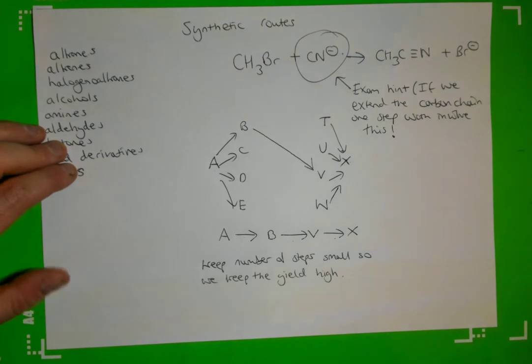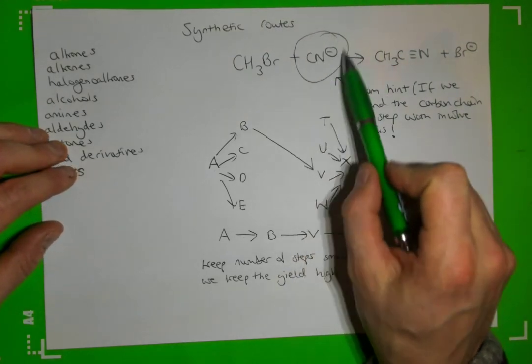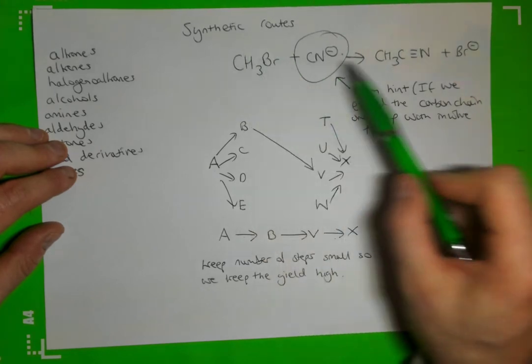Okay, and that is always a CN minus ion reacting with a haloalkane to produce a nitrile.